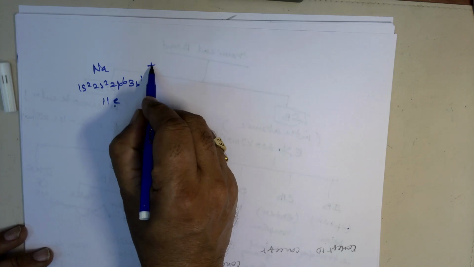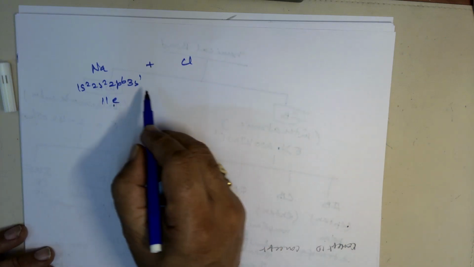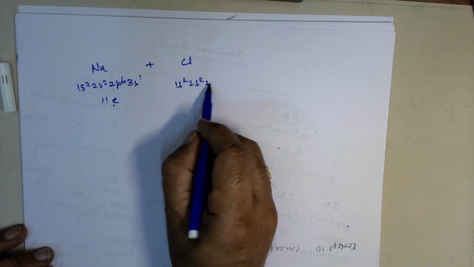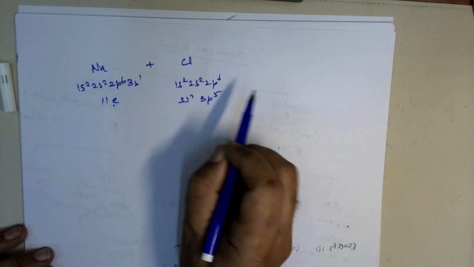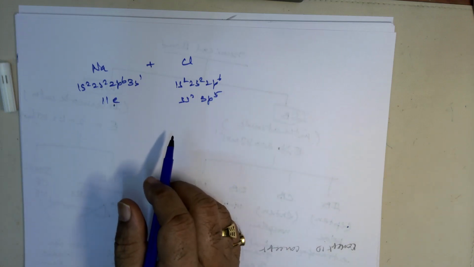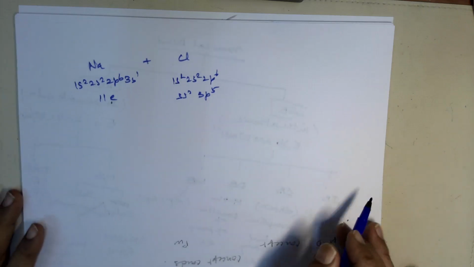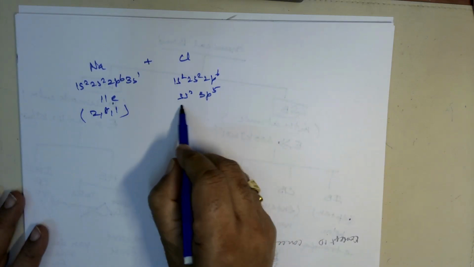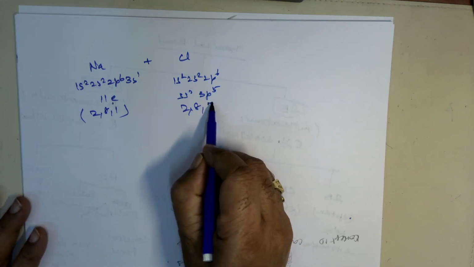And here you have chlorine, which has 1s2, 2s2, 2p6, 3s2, 3p5. So it means it has 7 electrons in the outermost shell. So sodium can be represented simply as 2, comma 8, comma 1, and here it is 2, comma 8 and 7.